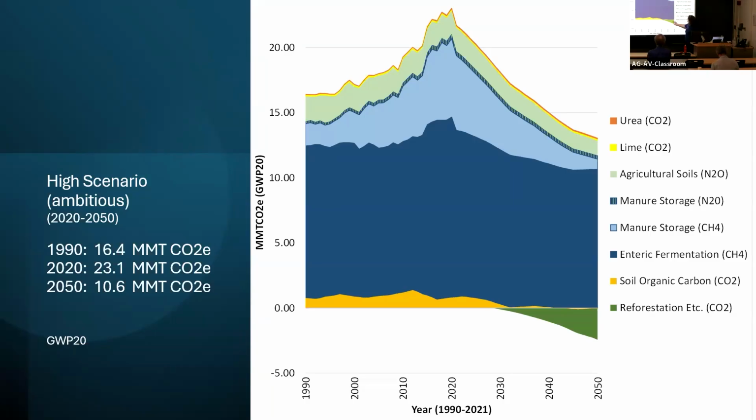Okay, but you can see that this is a significant benefit, but it has a longer time scale than where we stop our analysis in 2050. And you can see that most of the reduction is achieved from the manure management and some from the enteric management.